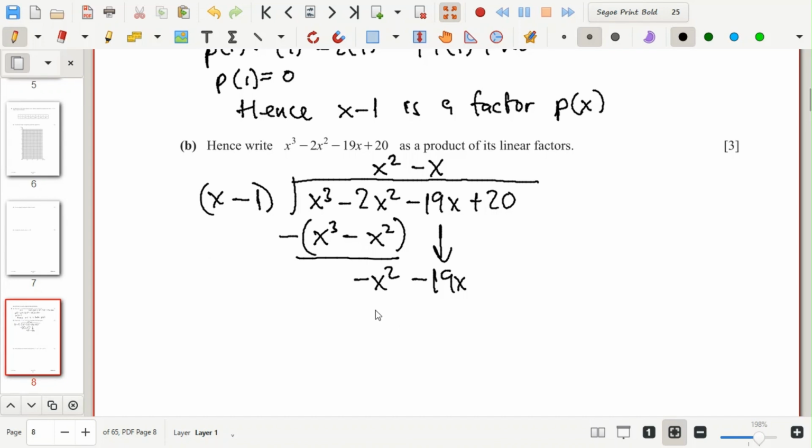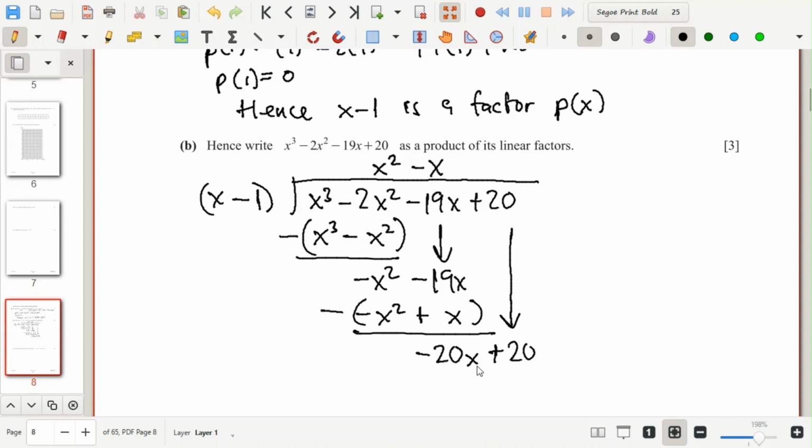So if you expand, you get negative x squared plus x. Now let's subtract again. This should give you negative 20x. Then you drag this down here, you get 20.